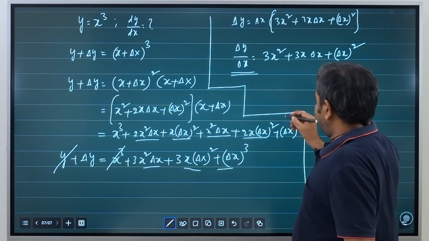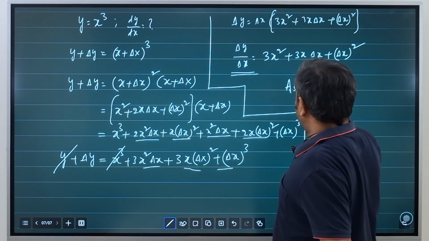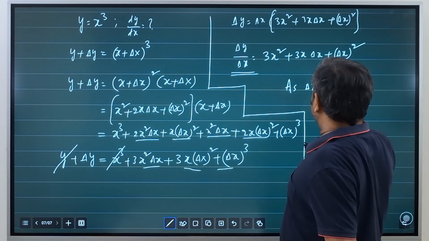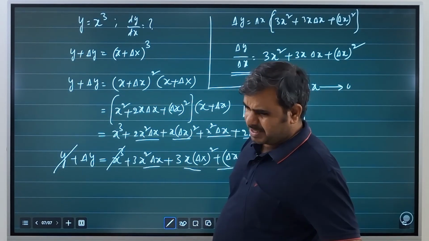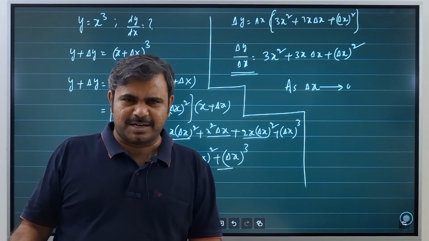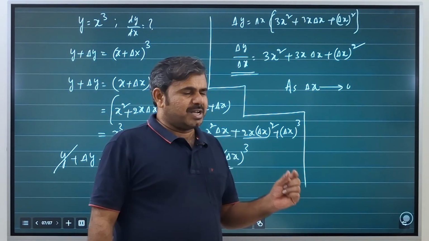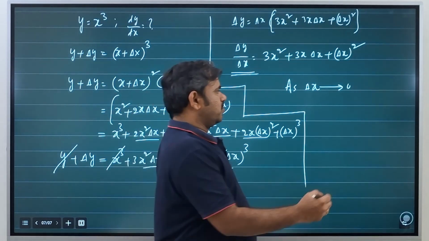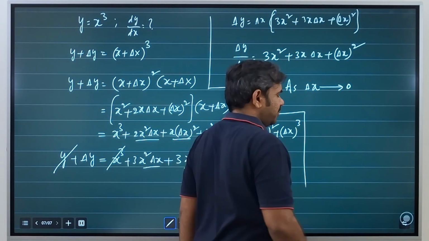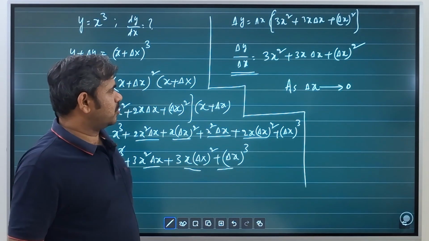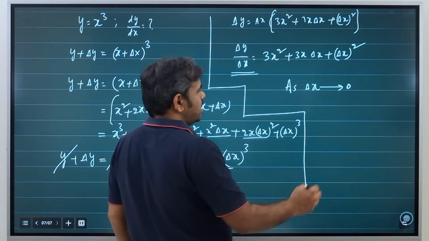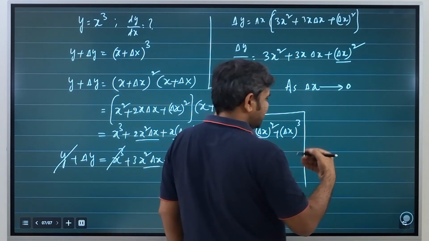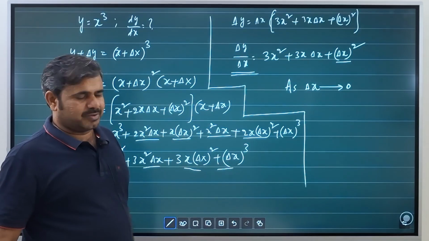Now look at this. As delta x tends to 0, that means as delta x becomes smaller and smaller around a given value of x, if you make the interval small, very close to 0, then delta x itself is close to 0, and so is delta x whole square. That's what we are saying.